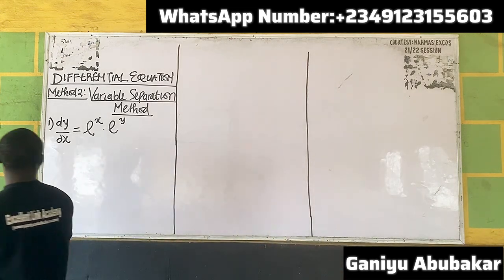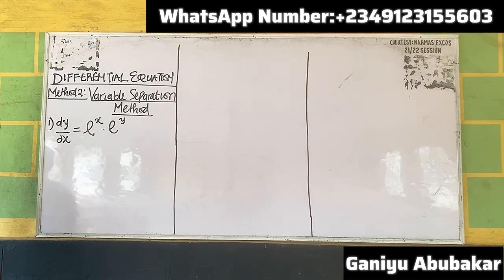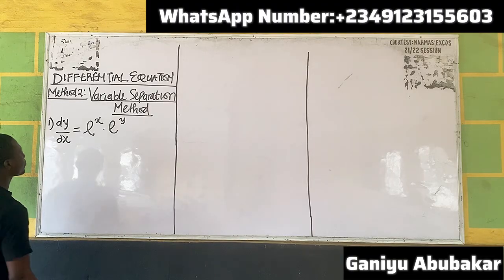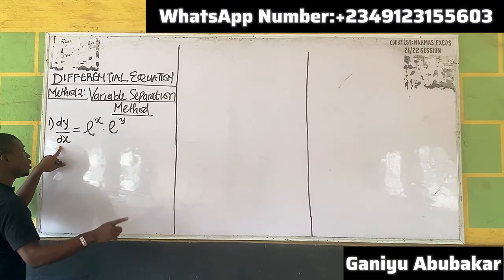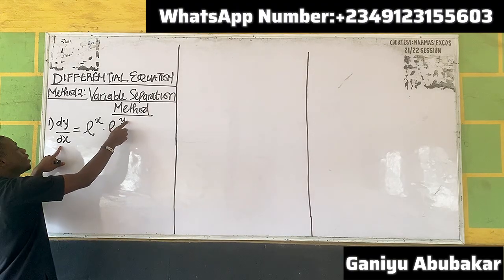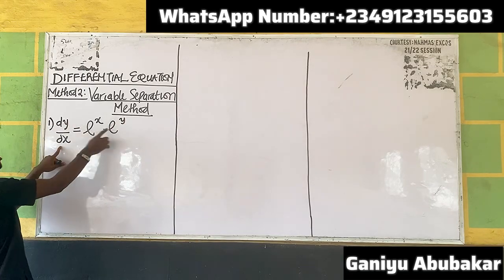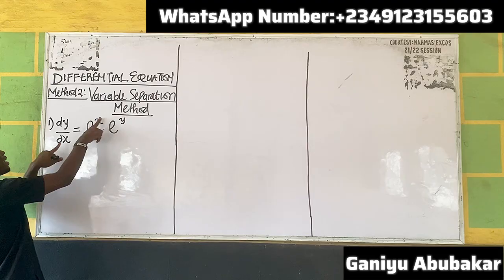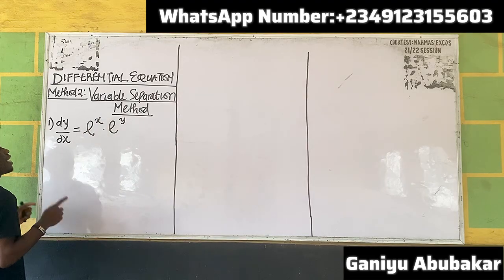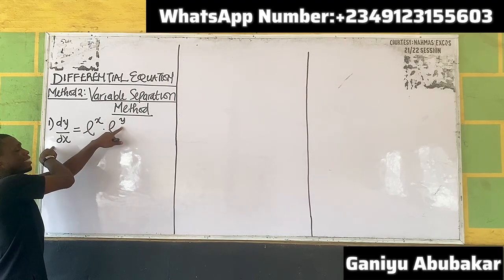That's all. So my task is to bring exponential y to the y side. I want y and y together, x and x together. So I can take it this way and still be correct.